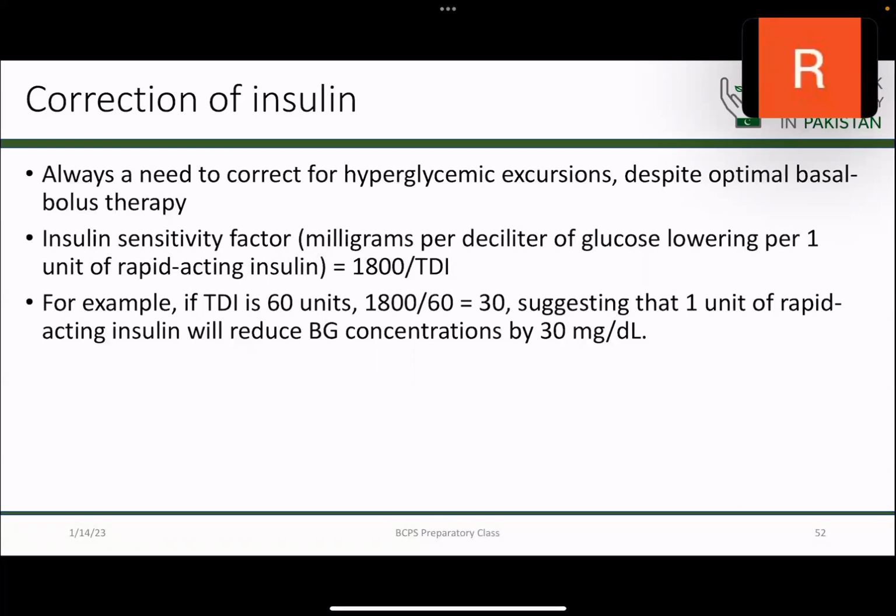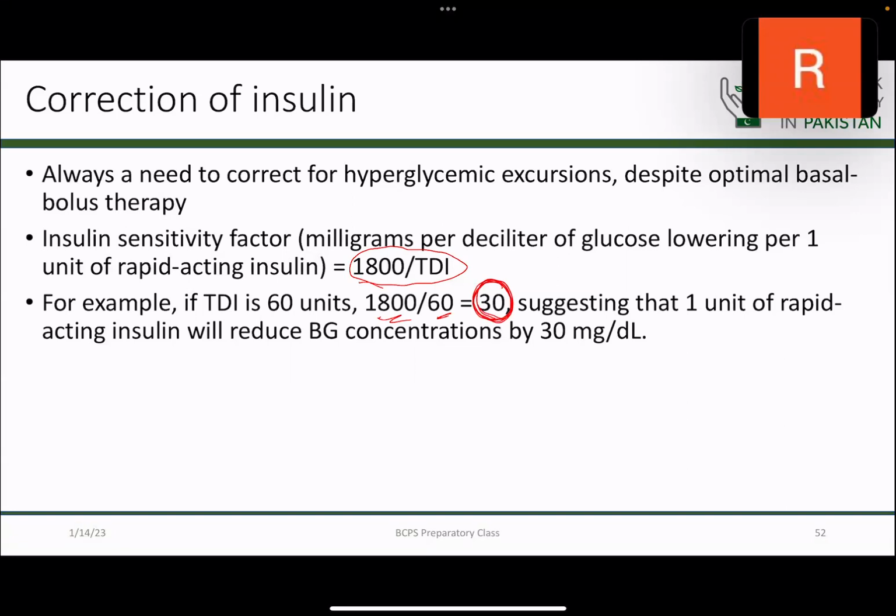If you want to calculate this, just divide 1800 by the total daily insulin of the patient. For example, if the total daily requirement of insulin for the patient is 60, then 1800 divided by 60 is equal to 30. So 30 is the insulin sensitivity factor.